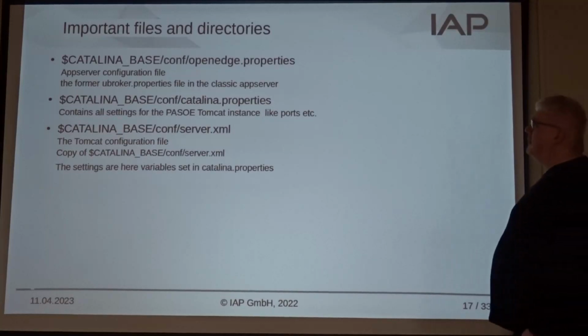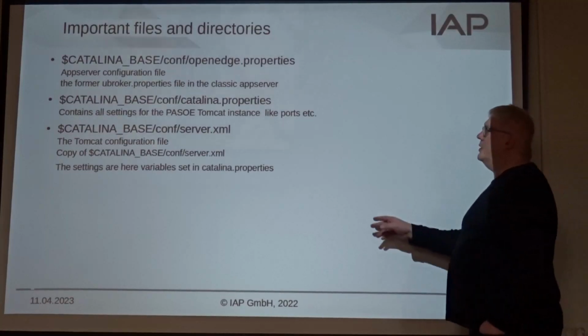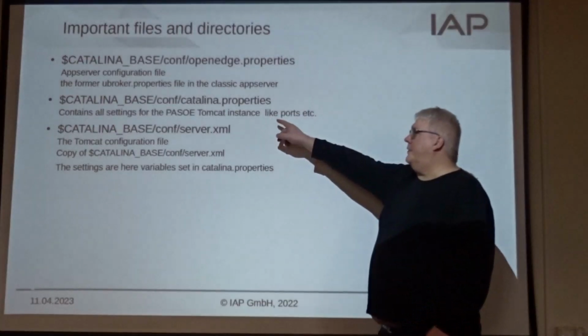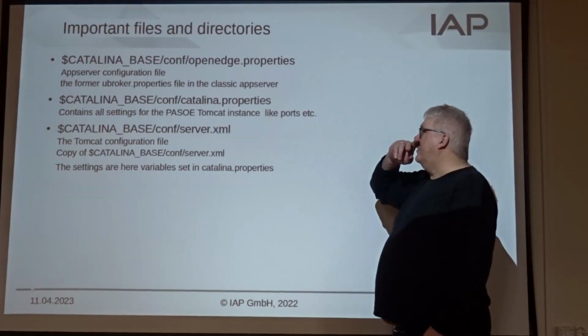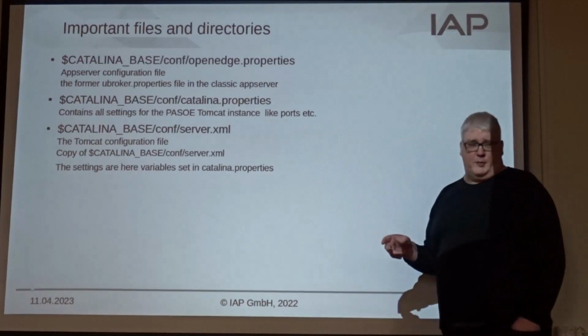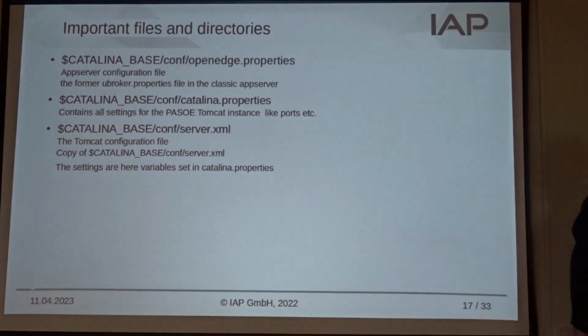In Catalina properties, you will find all settings for the PASOE Tomcat instance. If you create a Tomcat instance, you need several ports, for example the startup port, the shutdown port, and also a connection port.